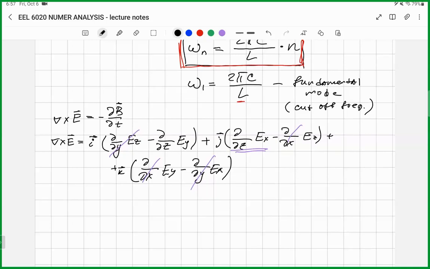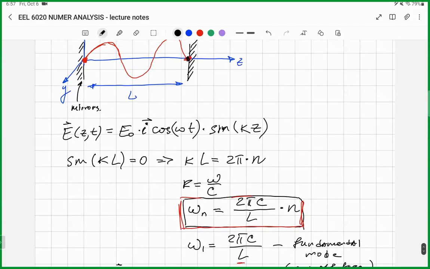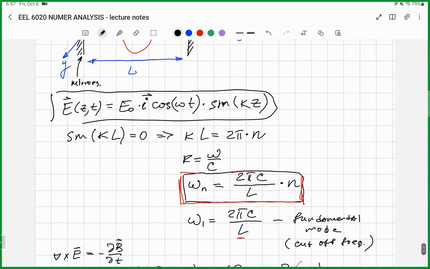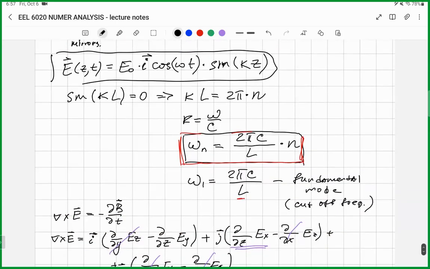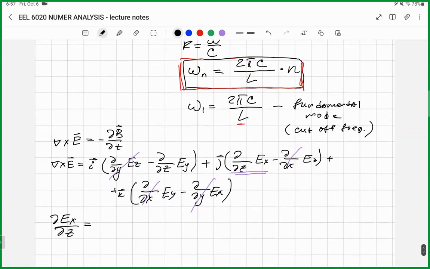So d Ex over dz is equal to what? For the electric field, we have this equation here, and we differentiate it by z. We have only one term that depends on z, which is sine kz.